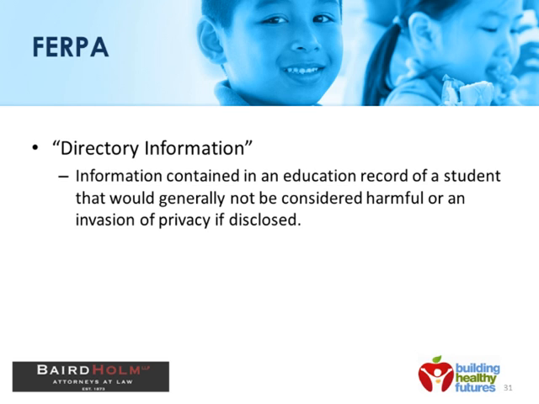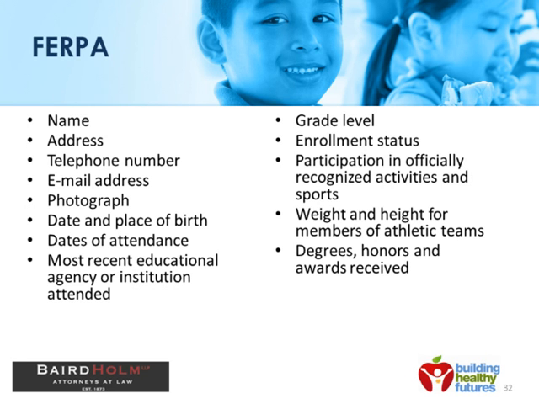It's not considered harmful or an invasion of privacy if it's disclosed. This is name, address, telephone number, email address, photograph. You see when you go to a sports event, you'll see their height and weight. That's personally identifiable information, but it's considered directory information, so you don't need consent to disclose that.